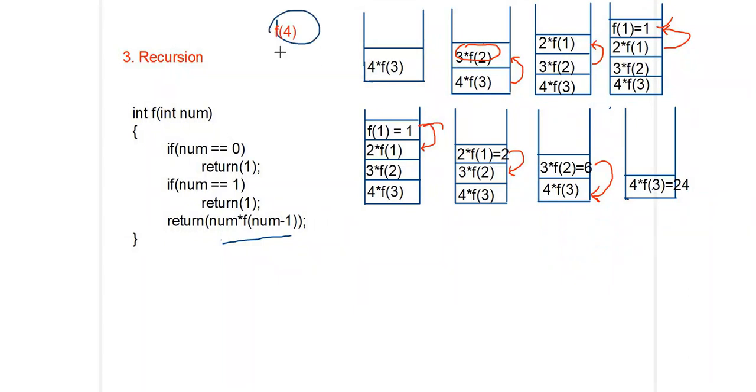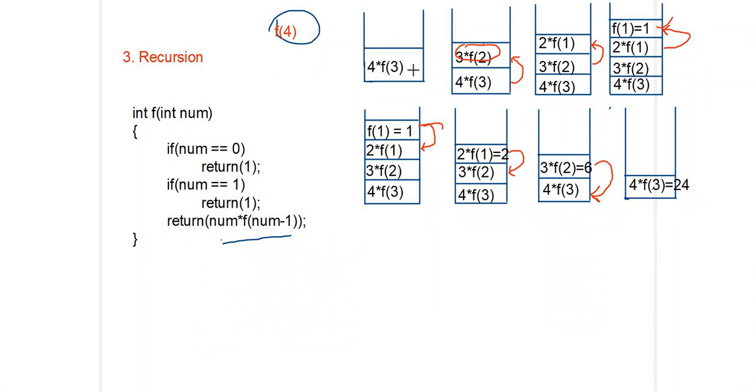If we have to find factorial 4, we will pass 4 into the function, and it will return 4 into f of num minus 1, 4 minus 1, that is 3. 4 into f of 3 will be pushed into the stack. After that, f of 3 will be called.